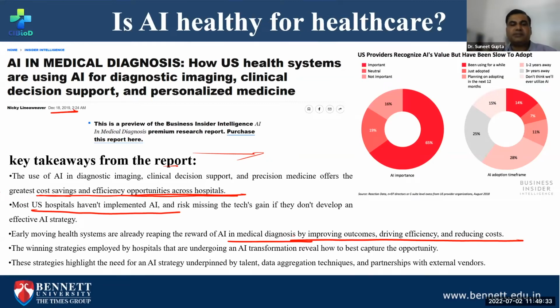Once treatment is driven by AI, there is obviously high efficiency, and the whole ecosystem will improve the outcomes. The winning strategies employed by hospitals that are undergoing an AI transformation reveal how to best capture the opportunity.